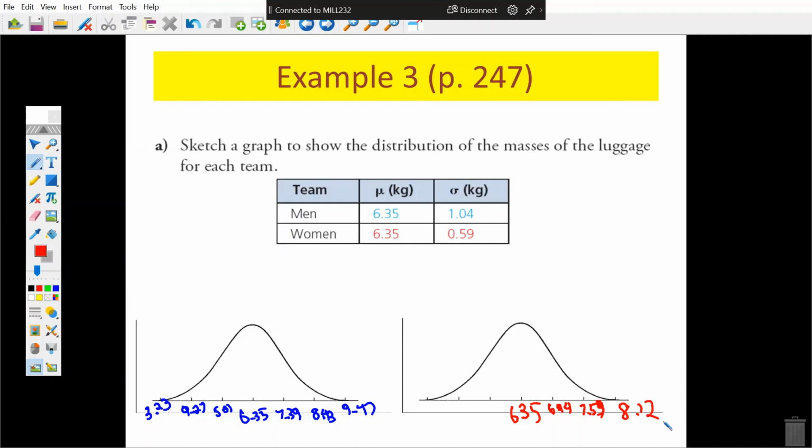Minus 0.59, 5.76, 5.17, 4.58. Okay. So there we've sketched our graphs. It was pretty easy.